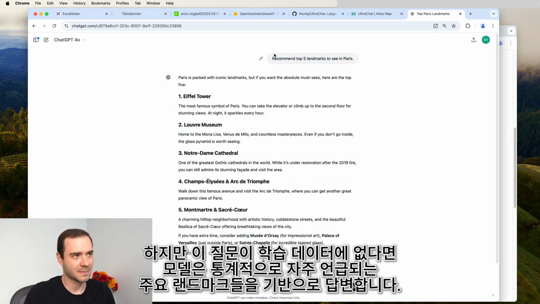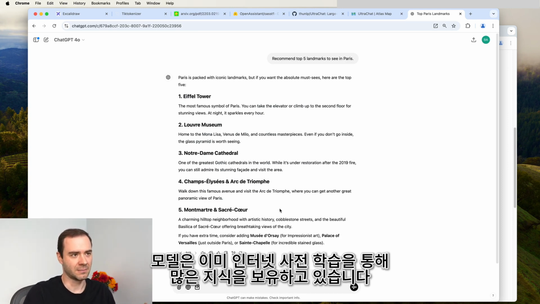Now, if this specific query is not part of the post-training dataset, then what I'm getting here is a little bit more emergent, because the model understands that statistically, the landmarks in its training set are usually the prominent landmarks, the landmarks that people usually want to see, the kinds of landmarks that are very often talked about on the internet.